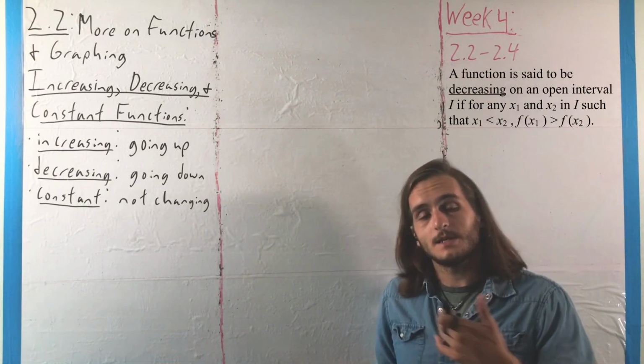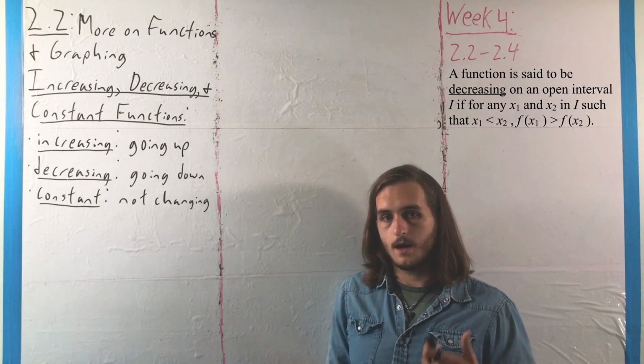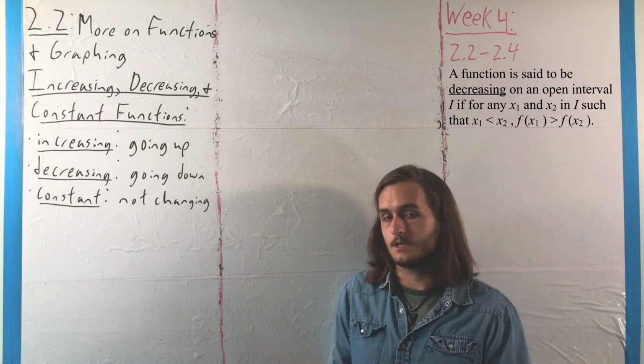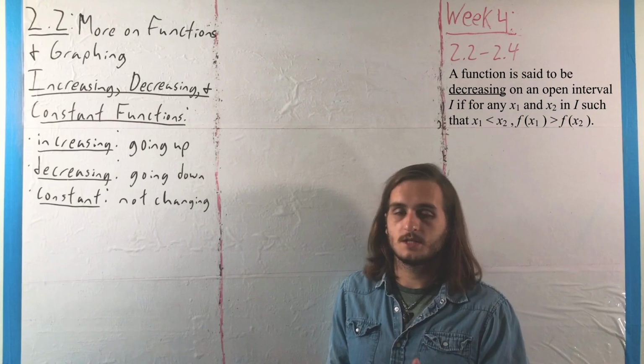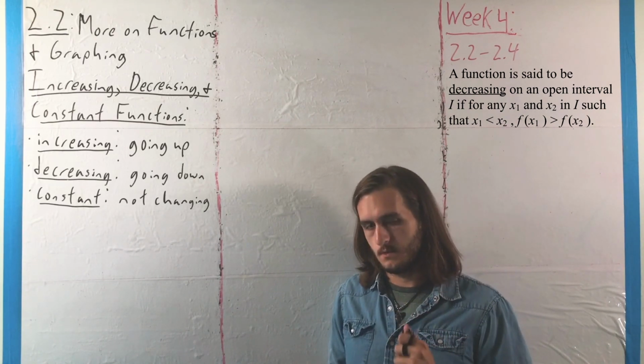A function is said to be decreasing in very much the same way, where if we're looking on an open interval I, and we have points x1 and x2 such that x1 is less than x2, then what we should expect for a decreasing function is that f of x1 is bigger than f of x2.